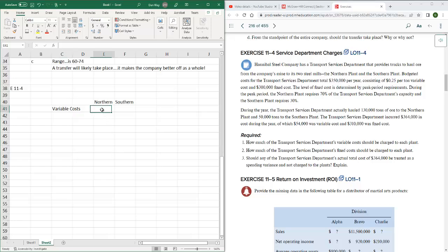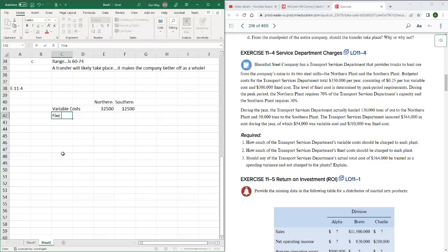So for the northern plant, that means the 130,000 actual tons that were hauled by Transport Services to the northern plant times the 25 cents per ton, 32,500 charged to the northern plant for the variable cost there. Same idea for the southern. They had 50,000 tons actually hauled to them right here, times the 25 cent per ton variable rate. And there's charges of 12,500.